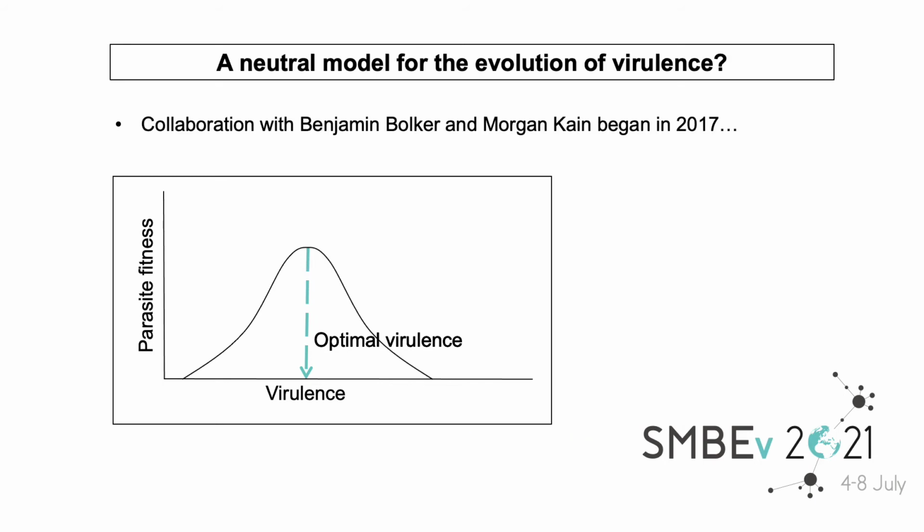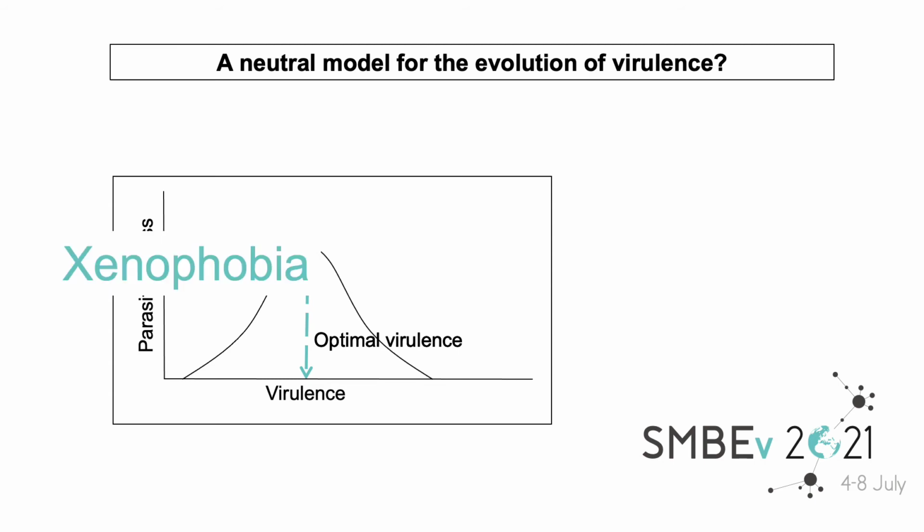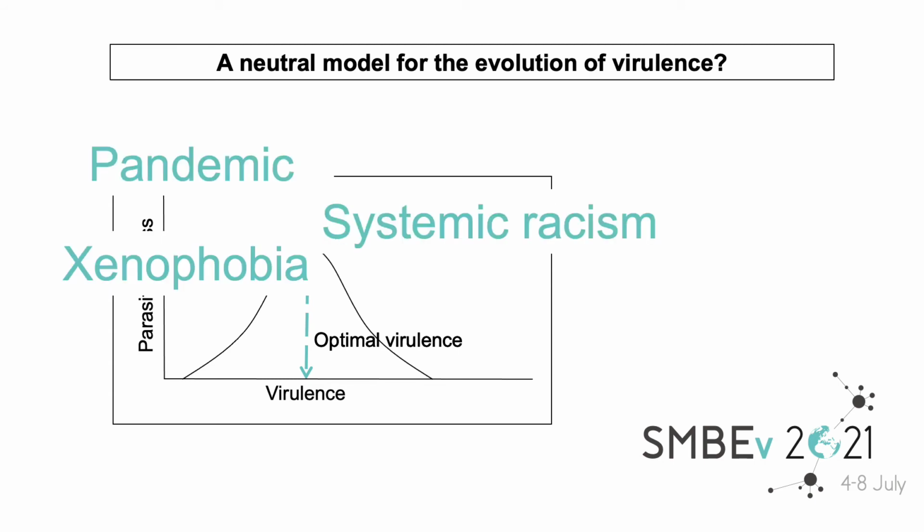So I wondered about what a neutral model for the evolution of virulence might be and began collaborating with Ben Bolker and his graduate student Morgan Kane, probably around 2017. It's not entirely clear when. And this was really exciting. We talked about the different ways that we could reframe these assumptions, the role of deleterious mutations, and so forth. And then things started to happen.